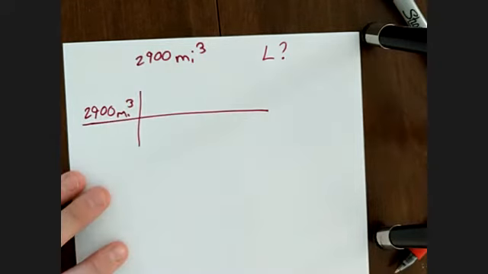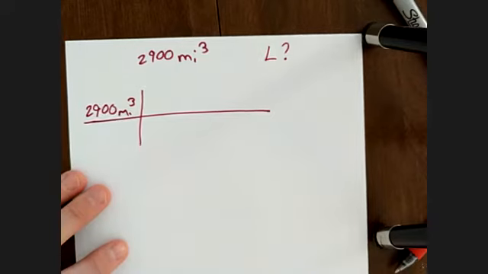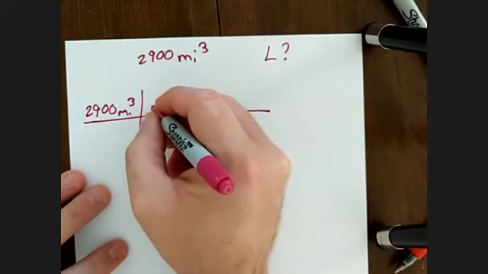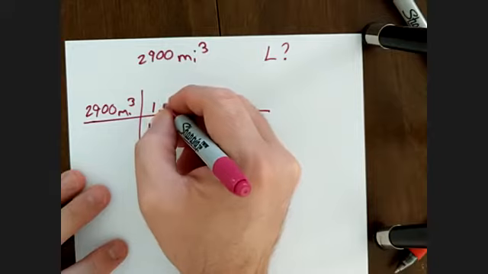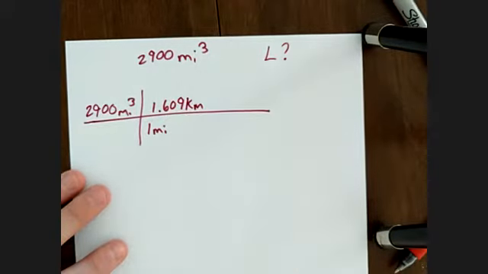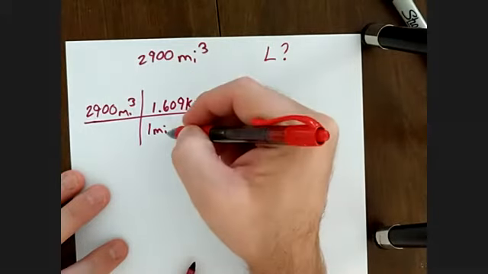Okay, the cubic mile. All right, so like in the previous video, what we can start with are the linear conversions. We know that in 1 mile, there is 1.609 kilometers. So this is a linear value, but we can't just do miles and cubic miles.